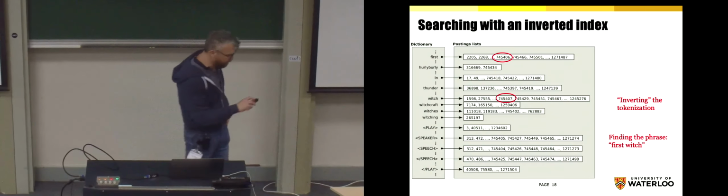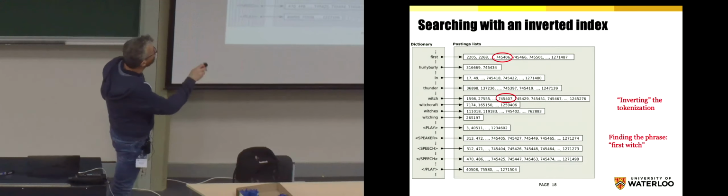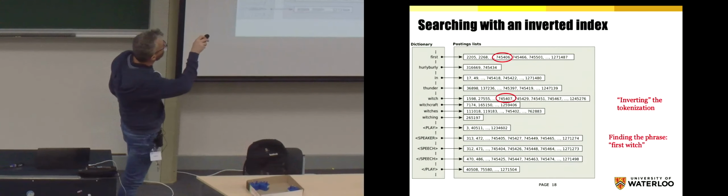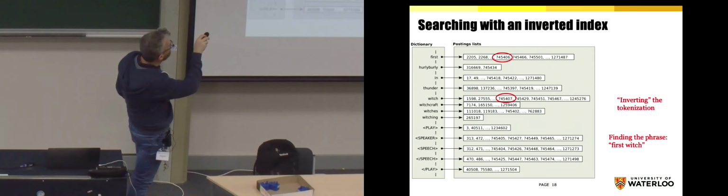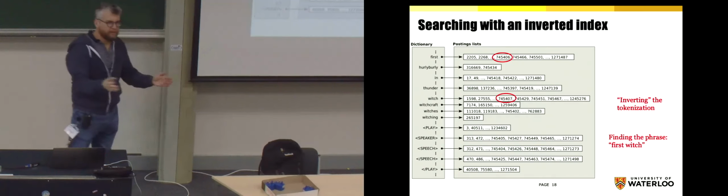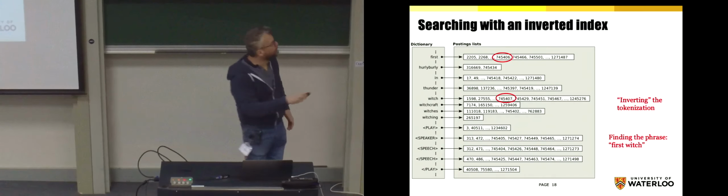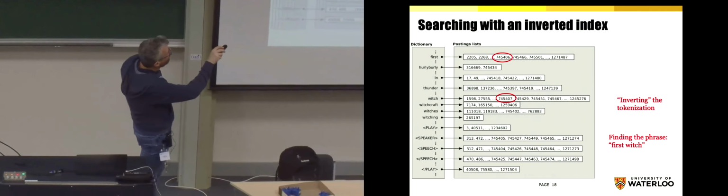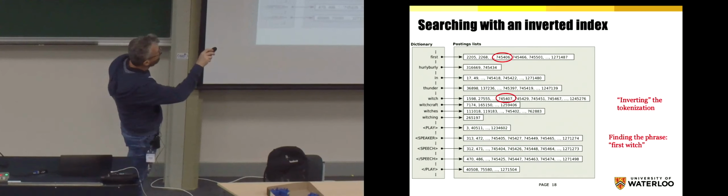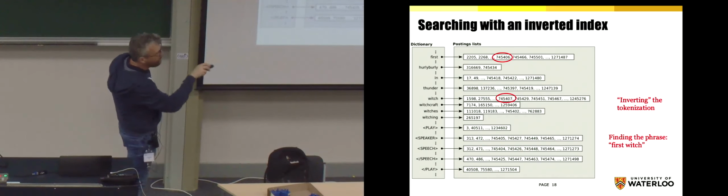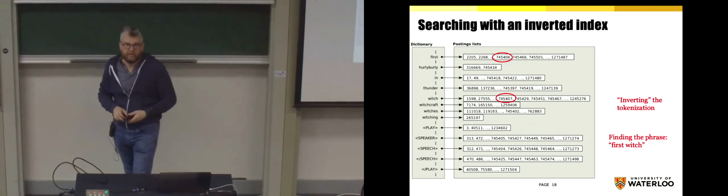And already I can use this for some really interesting things. For example, if I want to find the phrase "first which," I essentially do a join, if you're familiar with database technology or terminology, on first and which. I essentially join these two columns, and at some point I'll discover that first here is 406 and which is 407, so that tells me that's a place where "first which" occurs.